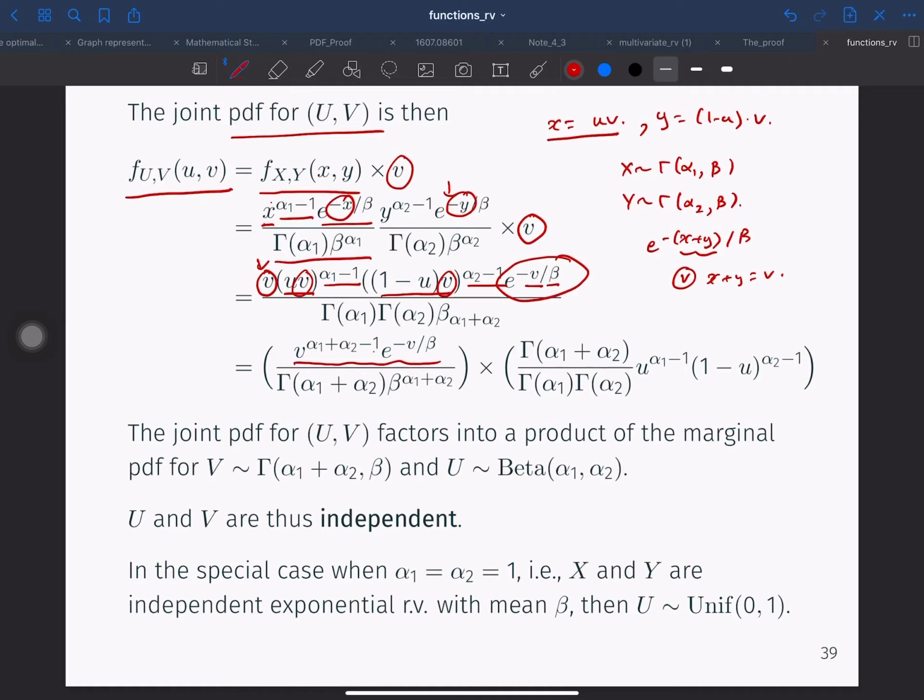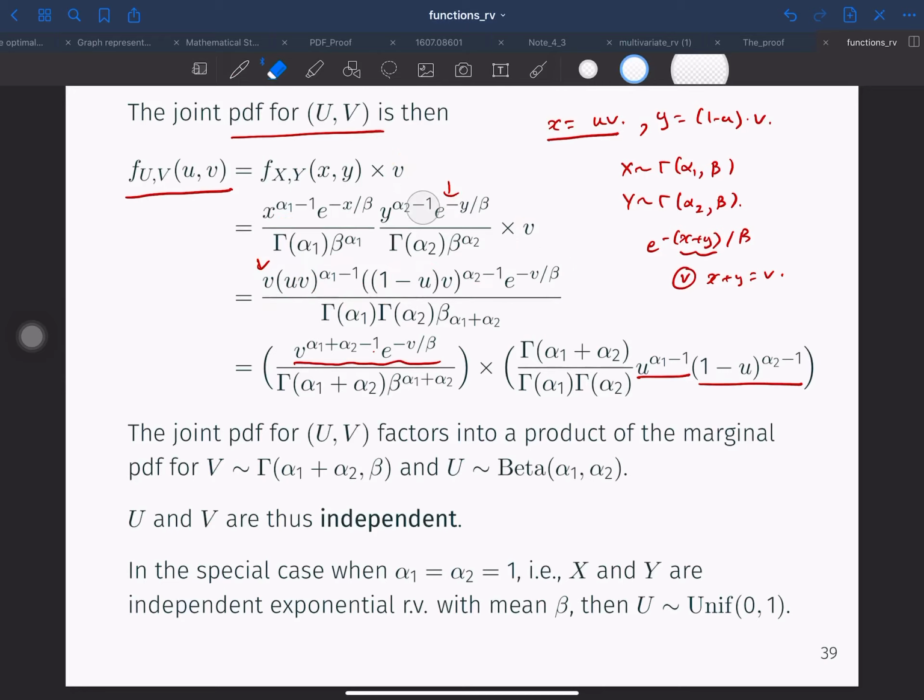And then the part for U is u to the alpha 1 minus 1 and 1 minus u to the alpha 2 minus 1. And after some simple checking, you will see that this is the PDF.